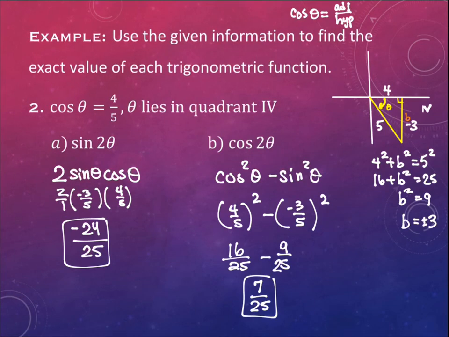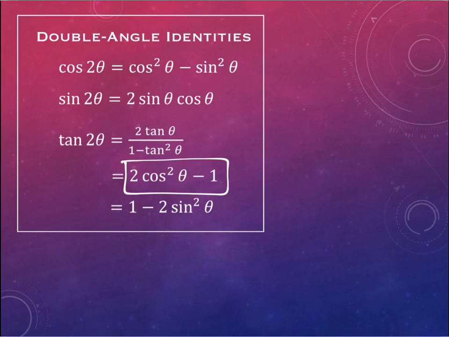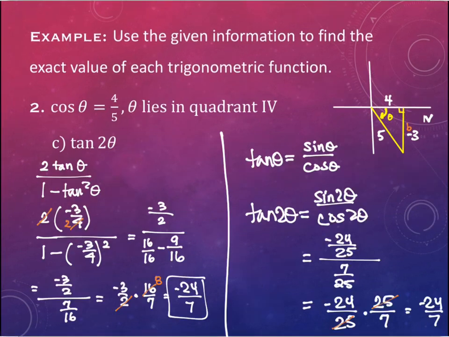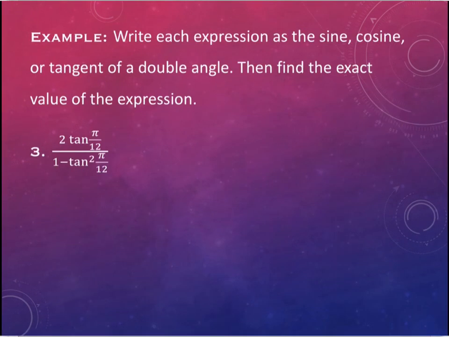So over here, it actually matches this, right? That's what it looks like. It looks like 2, and then it's got tangent of something, and 1 minus the tangent of something squared. So that's exactly the formula that I can change into the tangent of 2 times the angle.